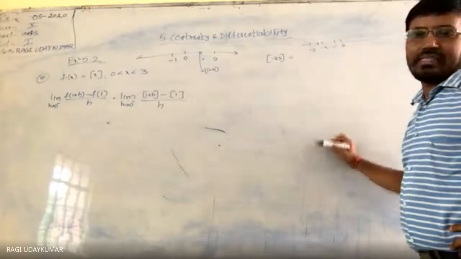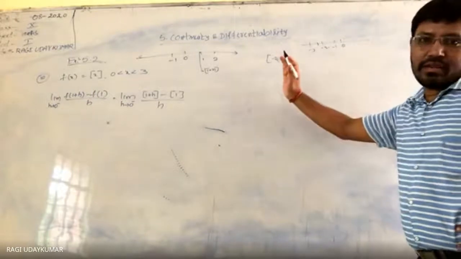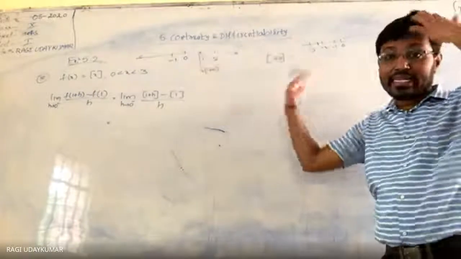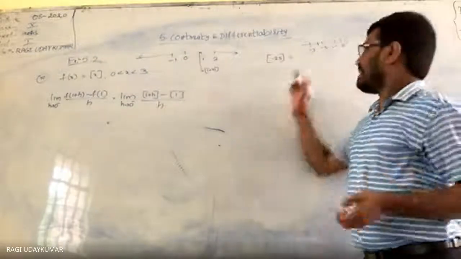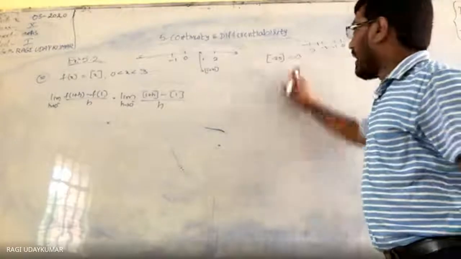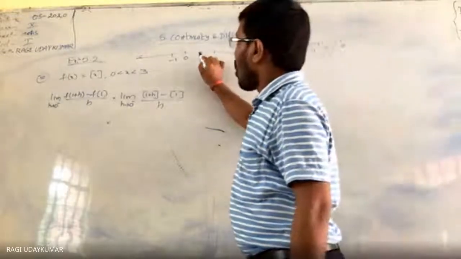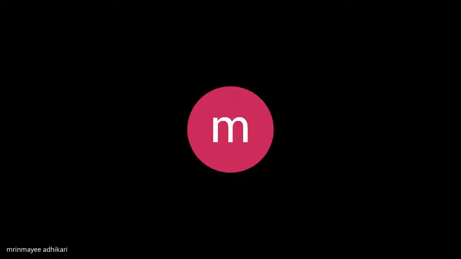Here minus 1, minus 2, minus 3. Where the number is there you need to see. Here the number is there, so you take the greatest integer less than it. So minus 3. In the same way, the greatest integer function gives the greatest integer less than or equal to the number.